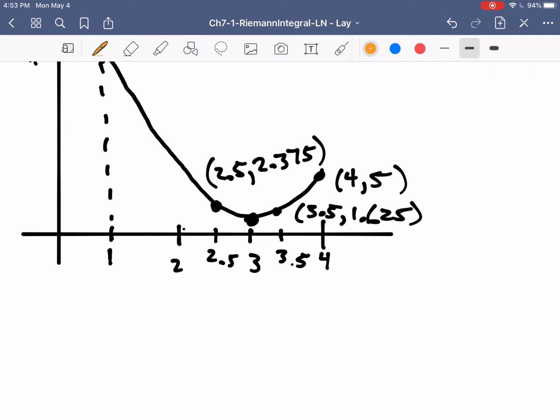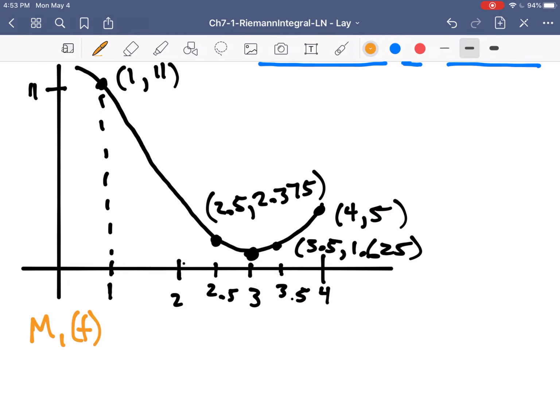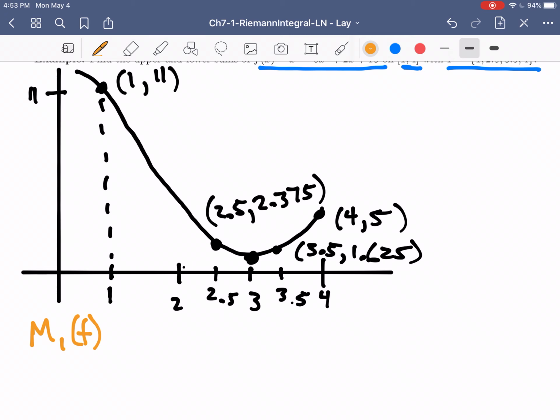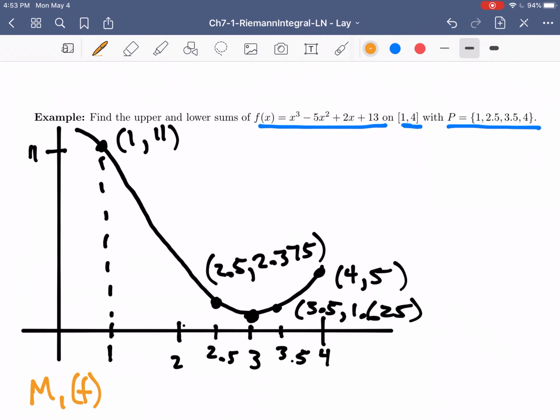So when we go about finding the upper sum, what is our first supremum of function value? So on the first interval, we're going to go from 1 to 2.5. So we want to look at from here to here, what is the largest function value? And the largest function value there is 11.